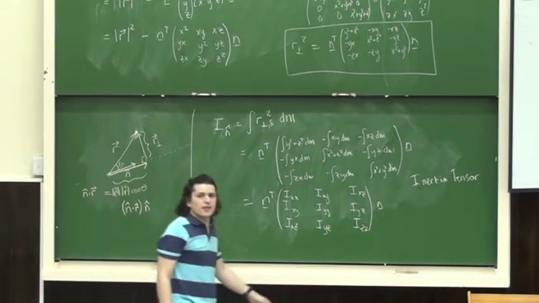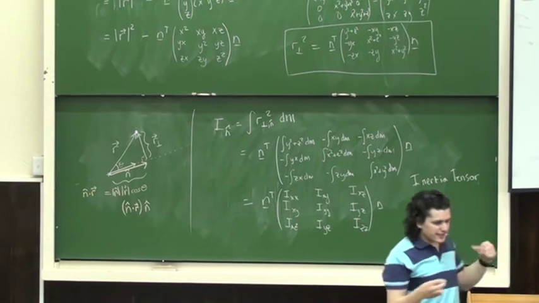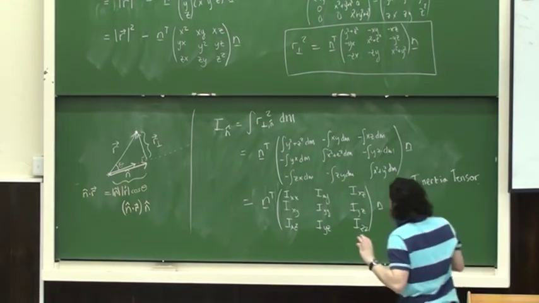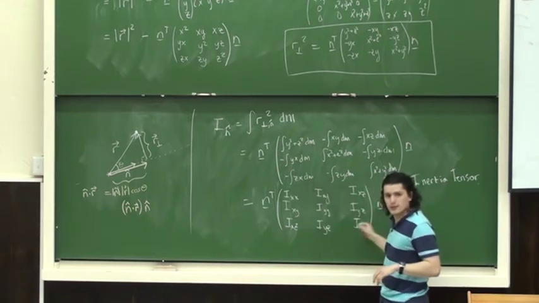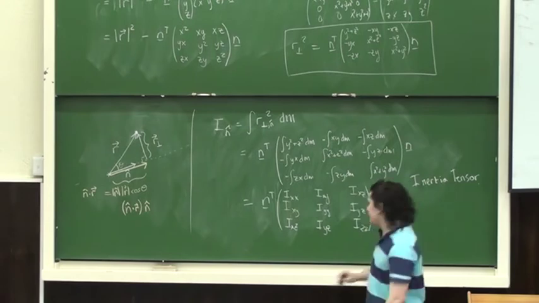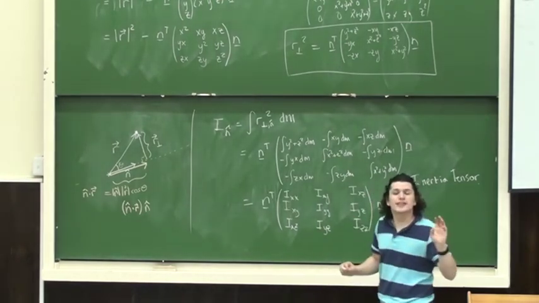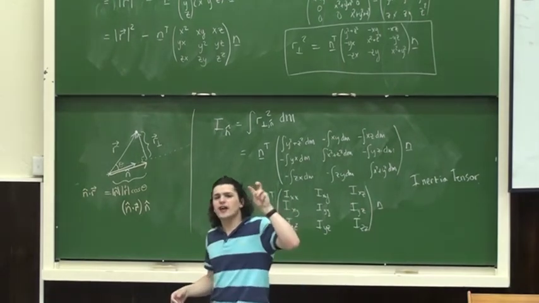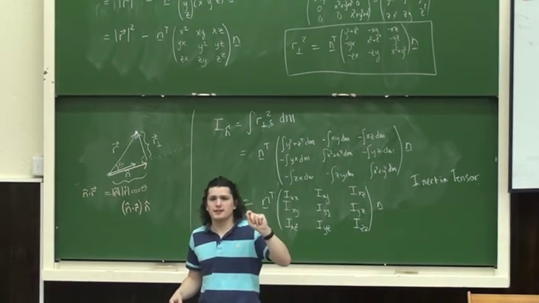Whatever your object, whatever the point about which you're rotating it is, and that's a point, not an axis, because this guy defines the point, this thing can be diagonalized by choosing the eigenvectors at that point. We call the eigenvectors, those directions, principal axes.